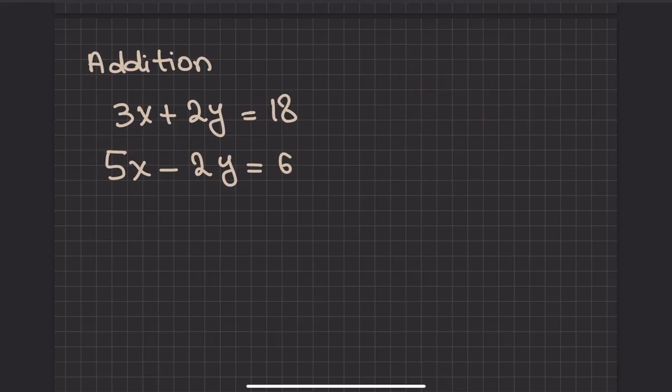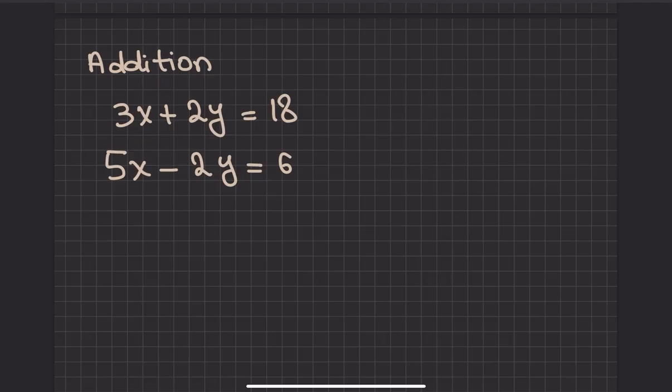And this is not helping us because we want to get rid of y. But if you use addition, positive 2 plus negative 2 is going to cancel each other. So you're going to get rid of y and you can solve for x. And you can find y later on.